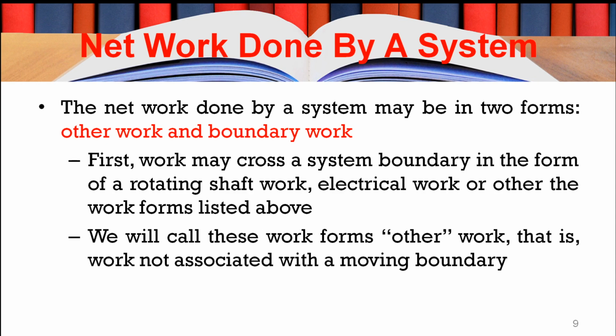The net work done by a system may be in two forms. So apart from explaining the different forms of work like shaft work, spring work, or lifting or raising, stretching a film, etc., all these kinds of work could be summarized into two categories of work: other work and boundary work.